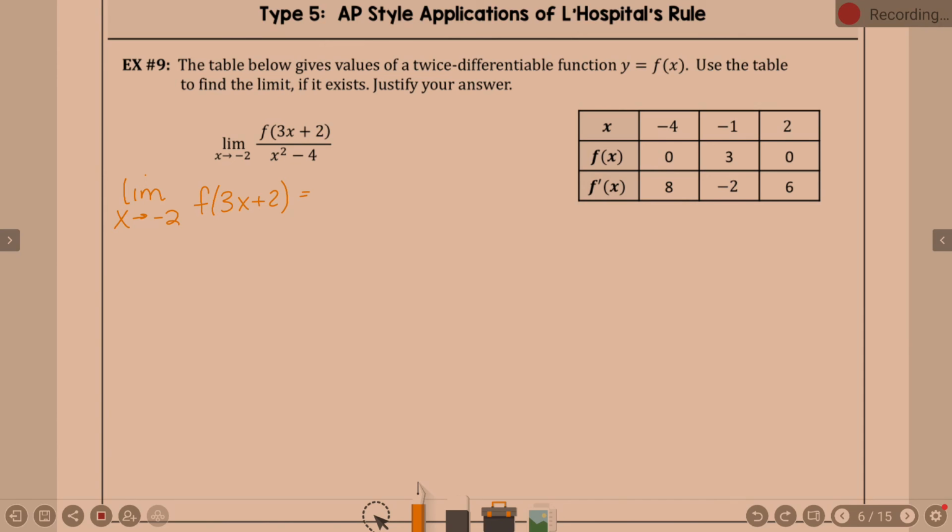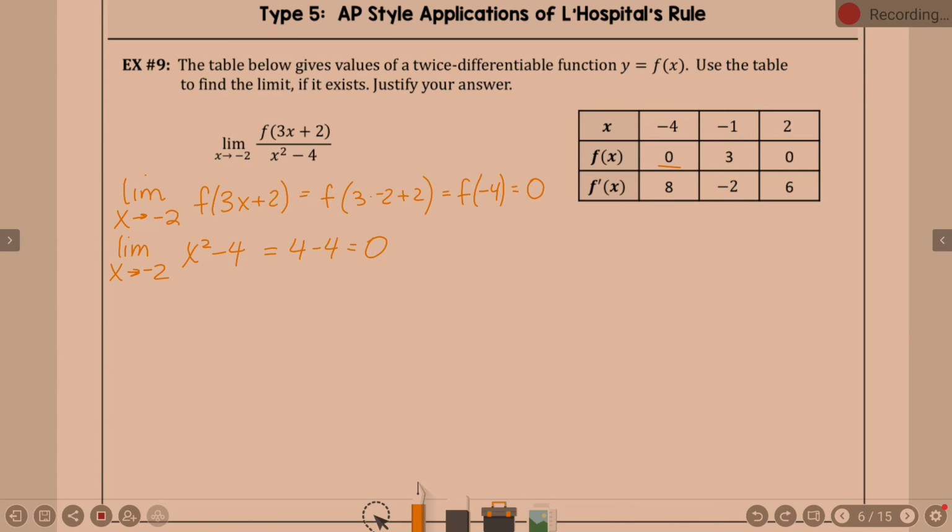The limit is going to be equal to f of 3 times negative 2 plus 2, which is f of negative 4. Go to your chart. What is f of negative 4? 0. Shocker there, right? Denominator: the limit as x approaches negative 2 of x squared minus 4 is going to be 4 minus 4, which is 0.